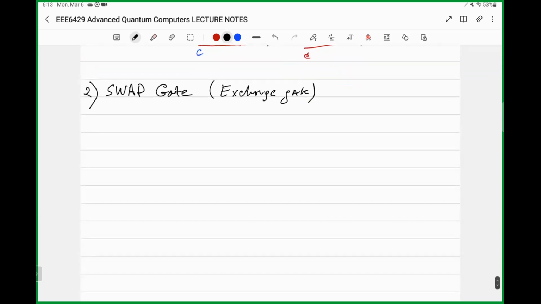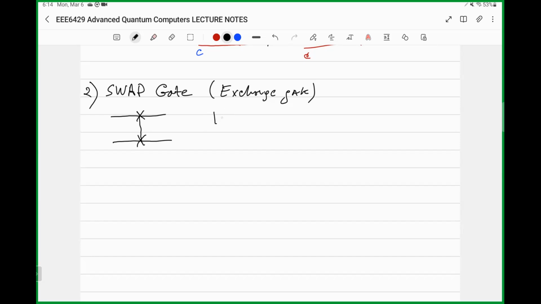So the graphical representation is like this. There are two crosses connected like a wire, and what this gate does is basically swap the qubits.